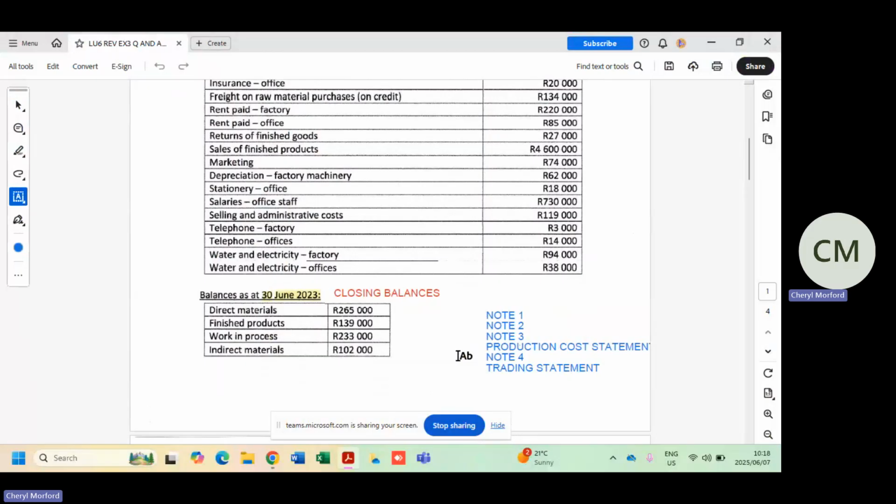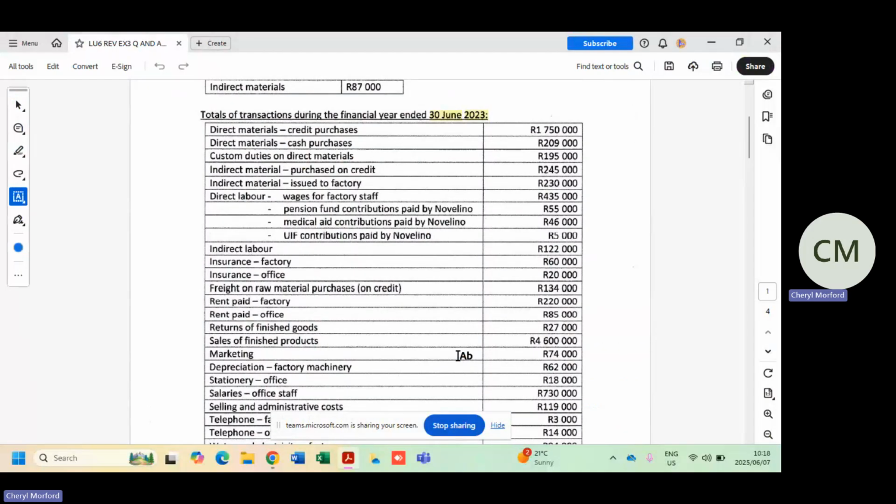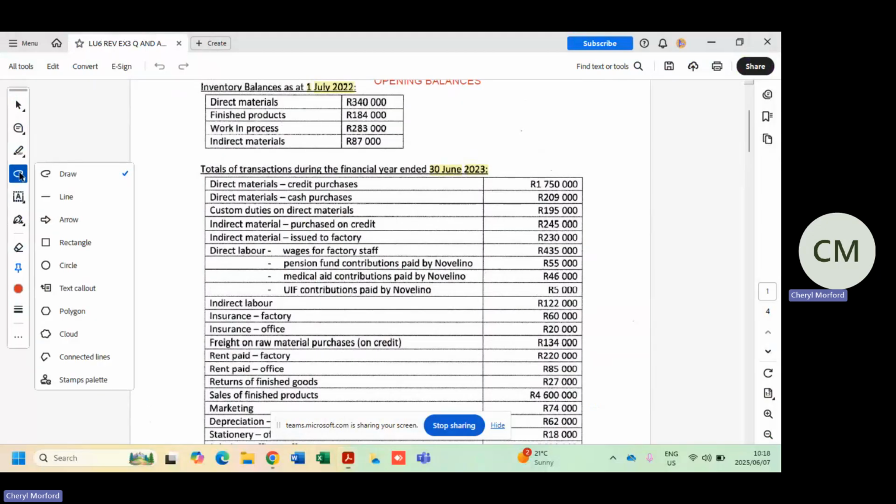So first up, we want to do the direct material cost. I will refer you to the textbook for the format of this particular note, but let's see what information we have relating to direct materials. We have the opening balance at the top. Here we have another 2. Don't forget also that direct materials may also be referred to as raw materials.